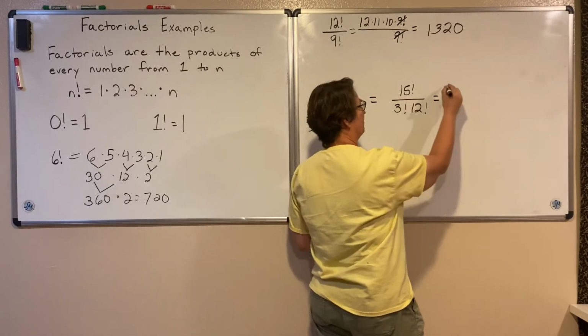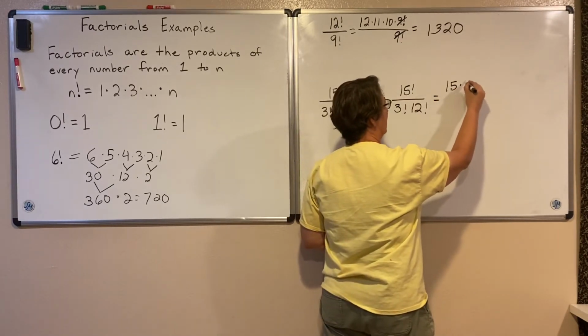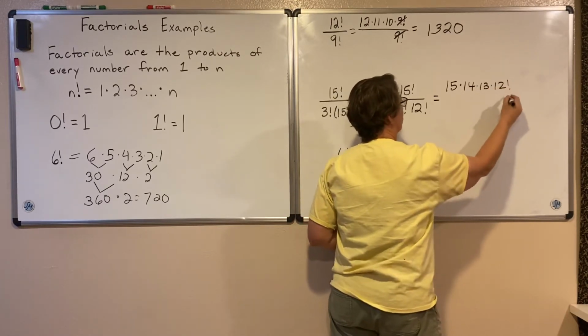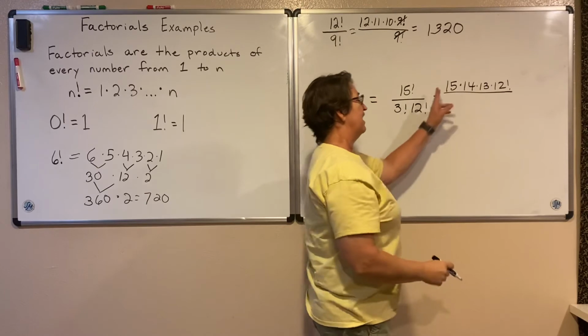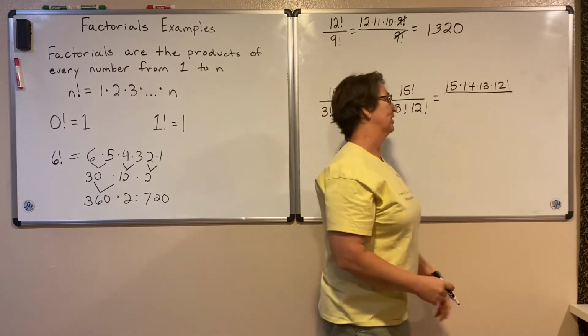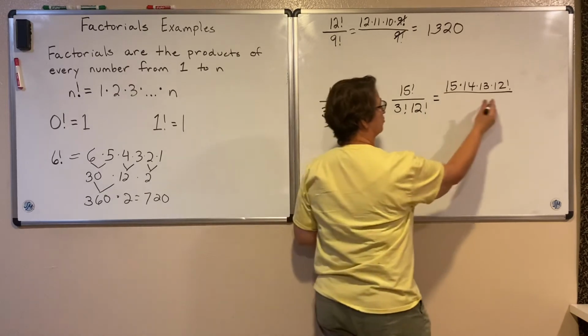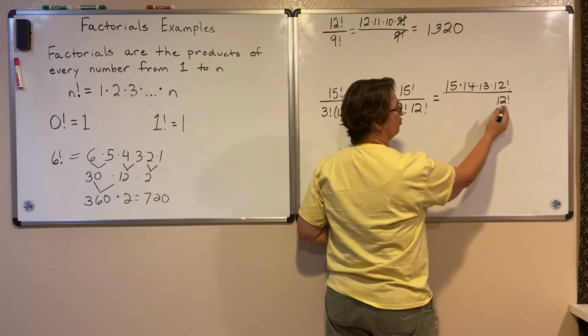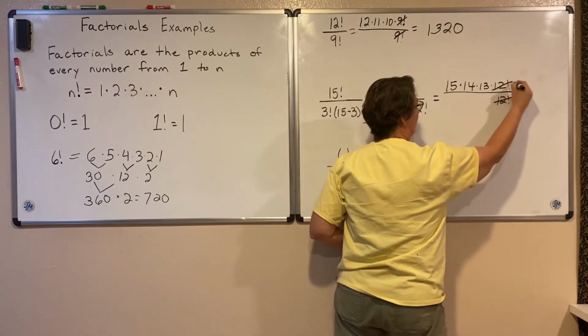But I think what I'm going to do is take this 15 and make it stop here at the 12 factorial. Because if I were to keep going, this 12 factorial means it keeps going down. And this 12 factorial then is on the bottom, so that the 12 factorial and the 12 factorial become 1.